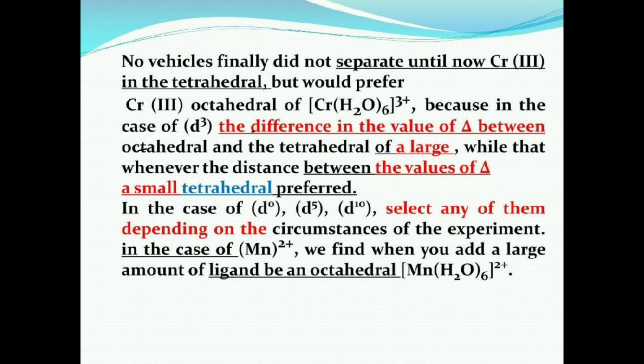Whenever the difference between the values of delta is small, tetrahedral is preferred. In the case of d0, d5, d10, either can be selected depending on the circumstances of the experiment. In the case of Mn2+, when you add a large amount of ligand, it becomes octahedral, that is [Mn(H2O)6]2+.